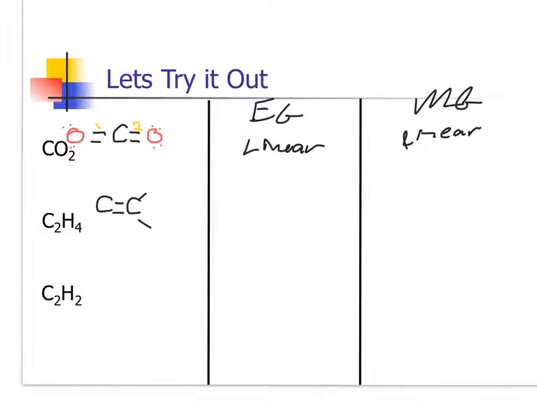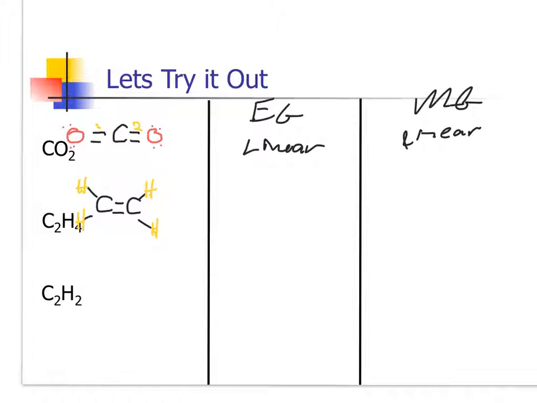And I'm going to draw my bonds coming off at appropriate angles as best that I can. We'll see that we have almost a 120 degree angle here. When I look at it, it does not matter which carbon I look at. I need to look at one of these carbons, is how we do it.